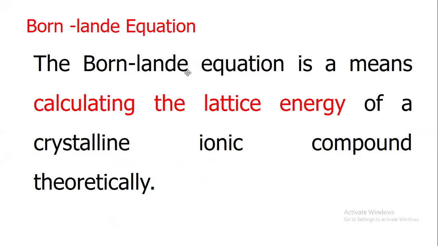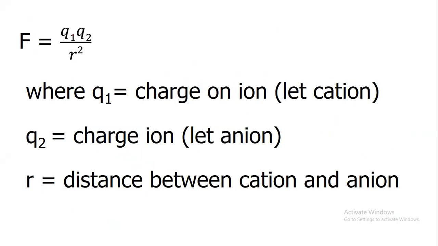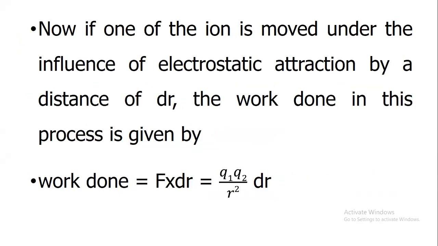Born-Landé equation. The Born-Landé equation is a means of calculating the lattice energy of a crystalline ionic compound theoretically. In this method, the ions are treated as point charges. According to Coulomb's law, the force of attraction between oppositely charged ions is given by F equals Q1 Q2 over r squared, where Q1 is the charge on the cation, Q2 the charge on the anion, and r the distance between cation and anion.